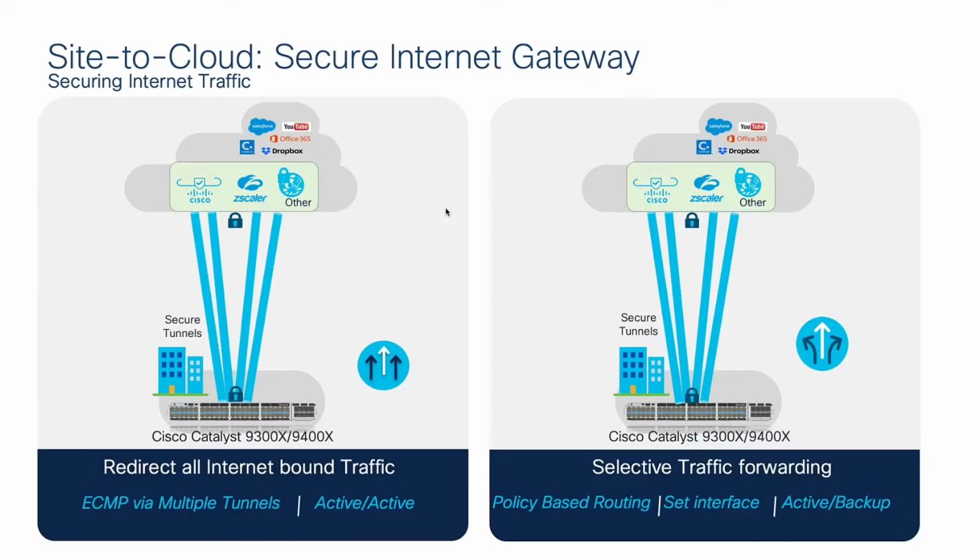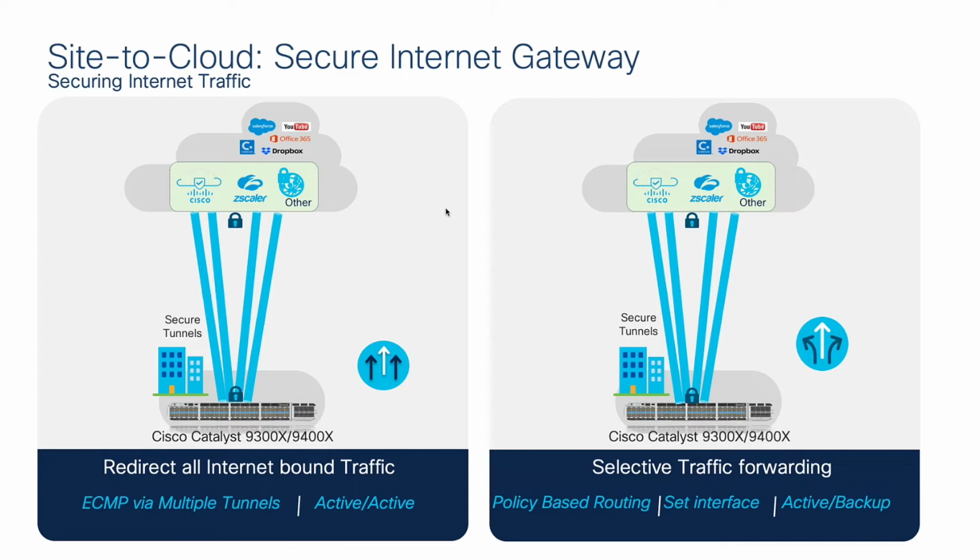Now, coming to the secure internet gateway, you can also connect to, again, Cisco Umbrella and also Zscaler, a third-party secure internet gateway. And we also support different types of policy-based routing, right? For example, you could push all your internet traffic as a default route to one provider, or you could split your traffic between different providers, like have some traffic go through some tunnels to Umbrella and some traffic through some tunnels to Zscaler.